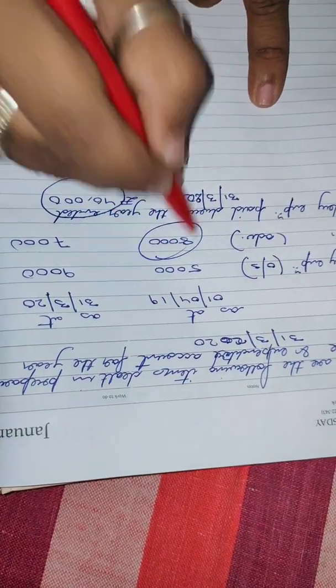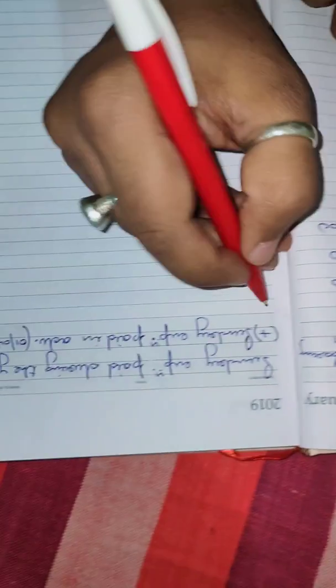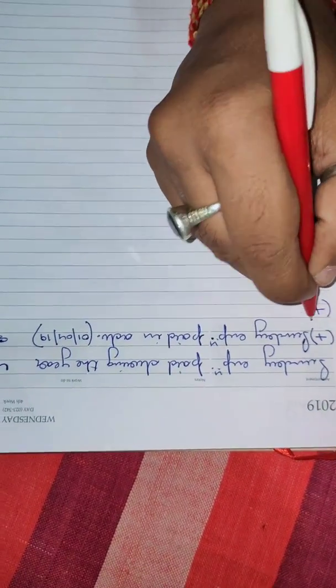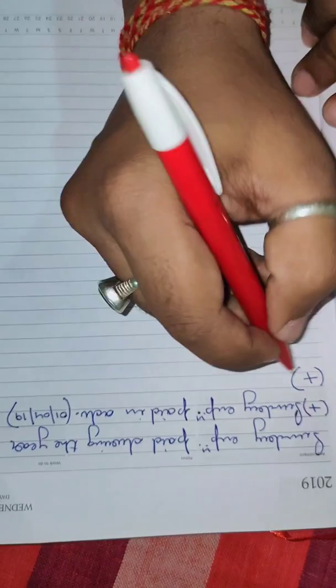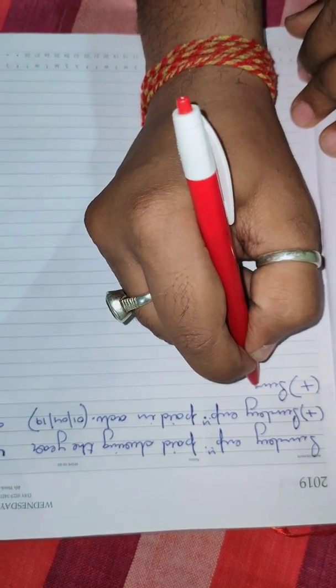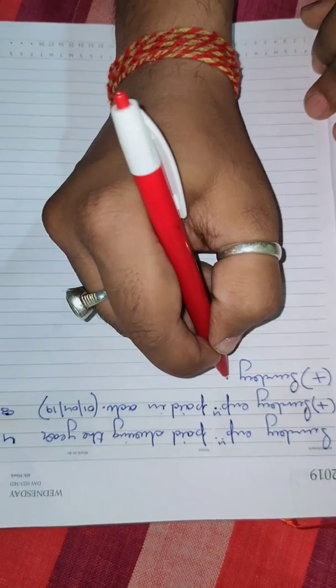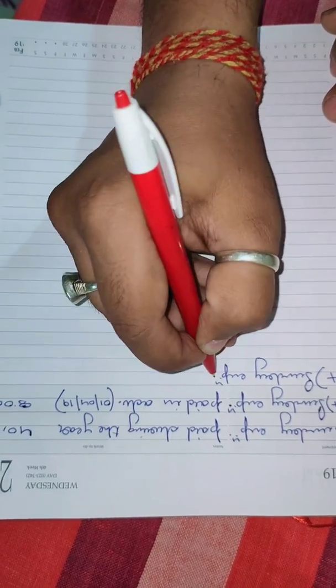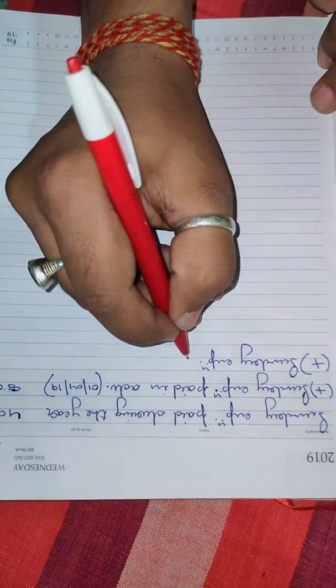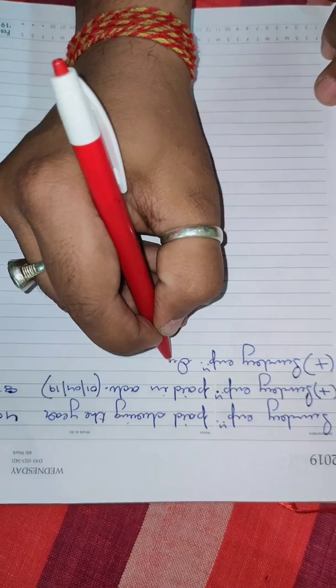Okay, again this amount became clear. Again we have to add one more thing. What's that thing? Sundry expenses. What kind of expenses? Outstanding.